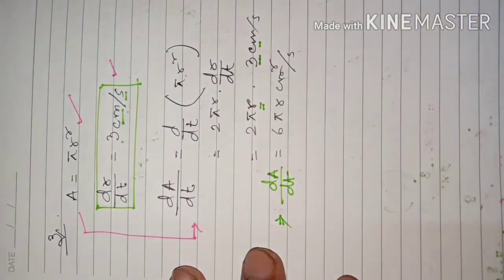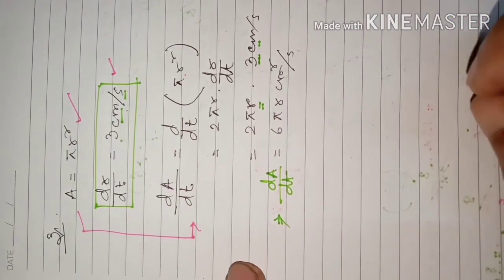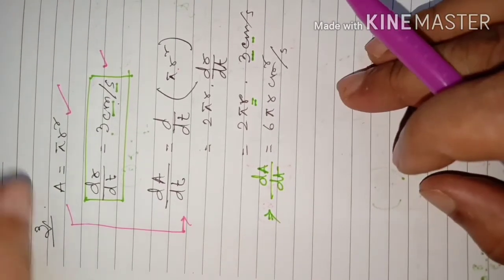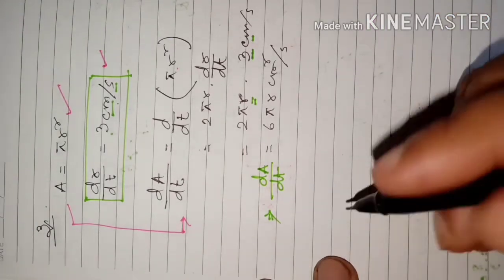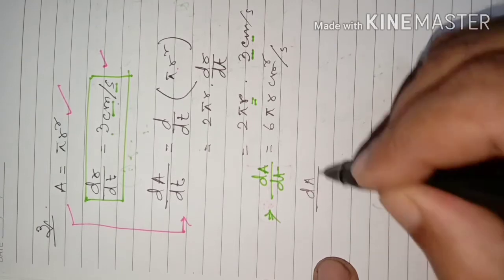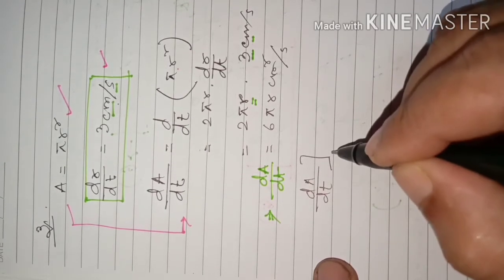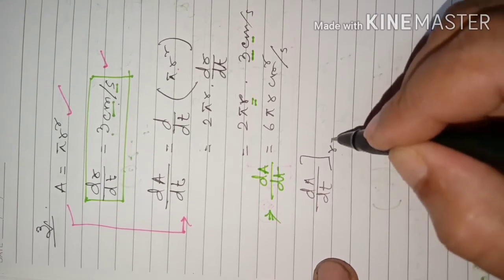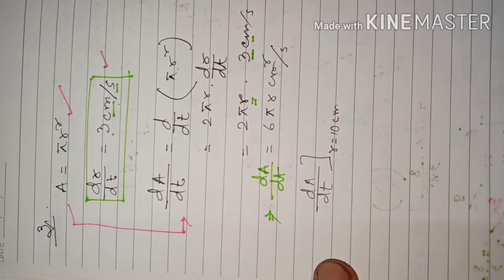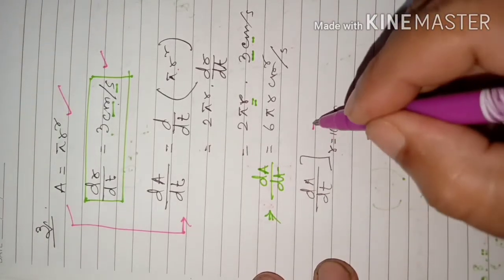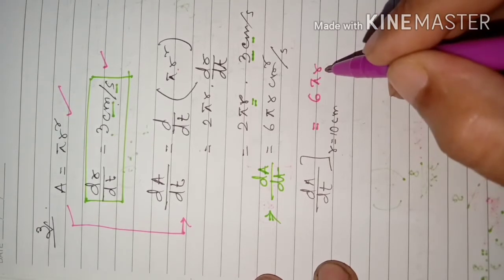But now we will find out the rate of change of area at a particular instant. What is the particular instant? The radius is 10 centimeter. When the radius is 10 centimeter, dA by dt, you write here radius r is equal to 10 centimeter. Since it was 6 pi r, there you put 10 centimeter.